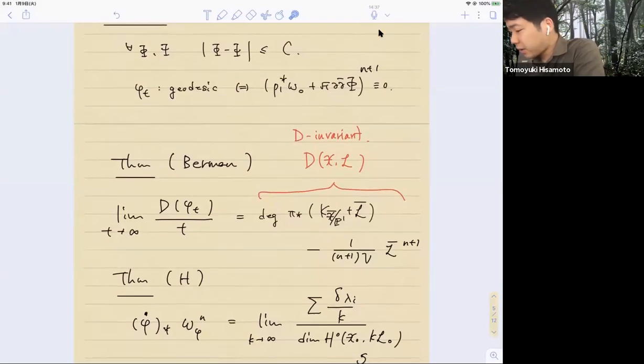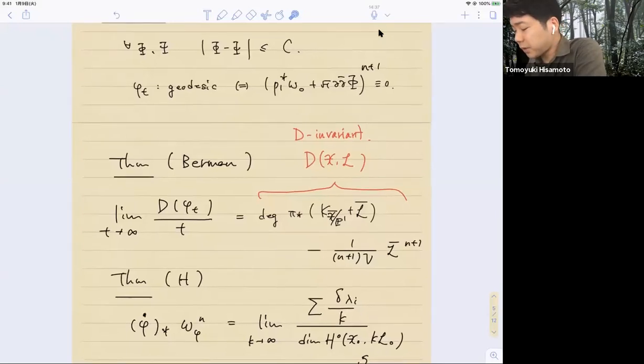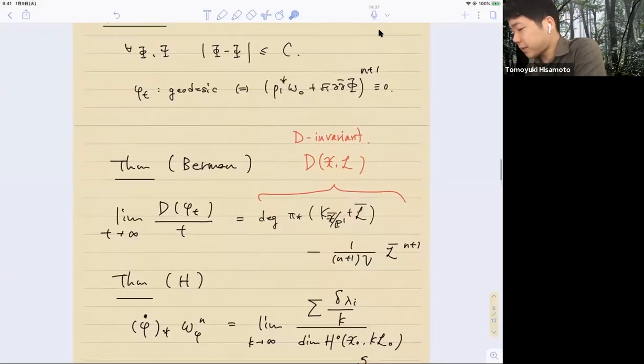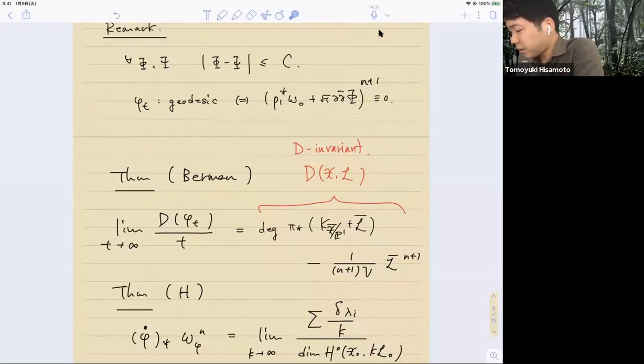And I also note that if you consider the scalar curvature setting, then the functional is replaced with the more famous K-energy functional. And the right-hand side in this formula is precisely the Donaldson-Futaki invariant. But in the Fano case, we have the other D invariant like this.